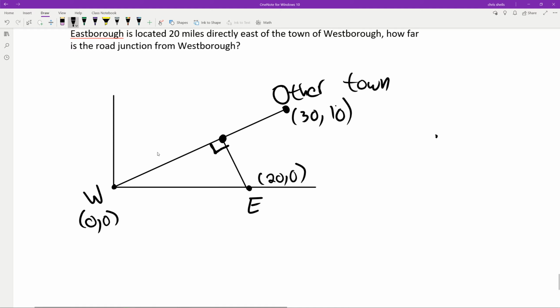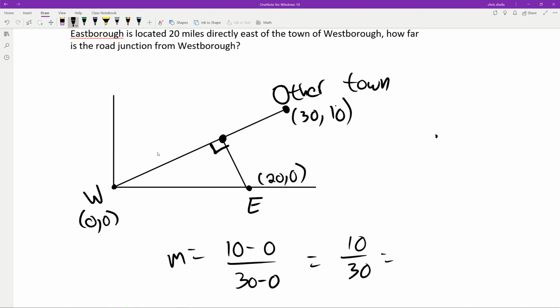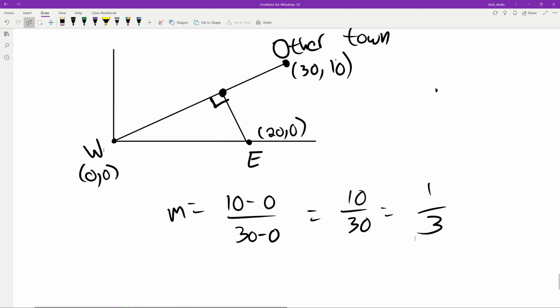Well, let's see. The slope for the line from Westboro to the other town is going to be m equals (10 minus 0) over (30 minus 0), which is 10 over 30, which is the same thing as 1/3. The initial value here is 0.